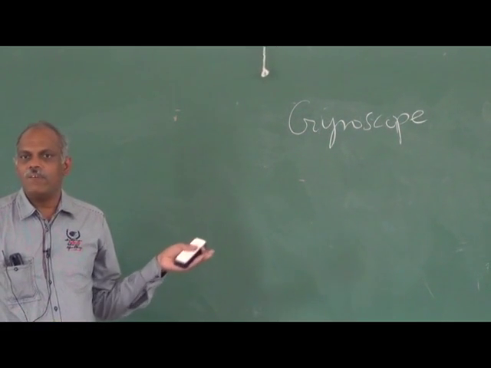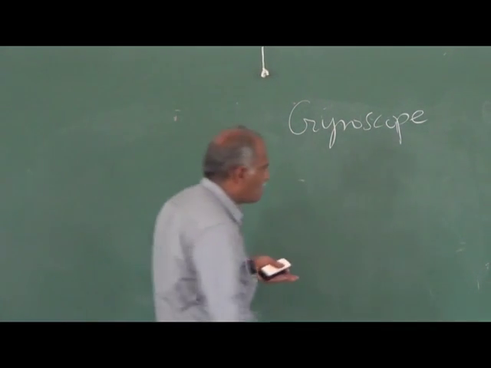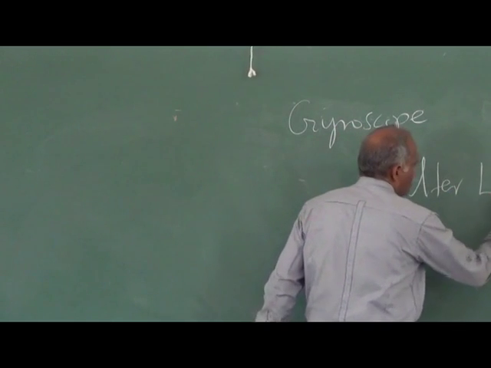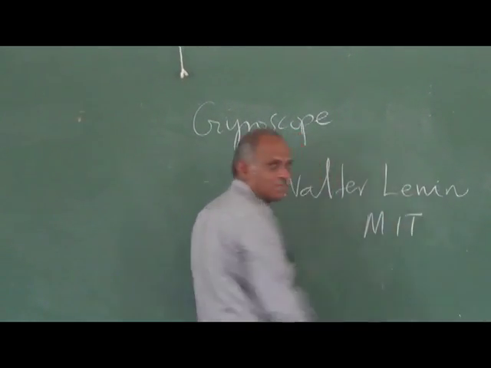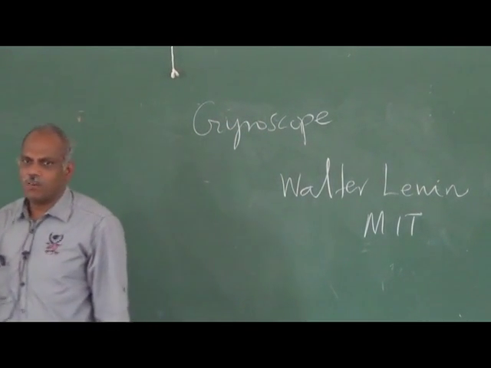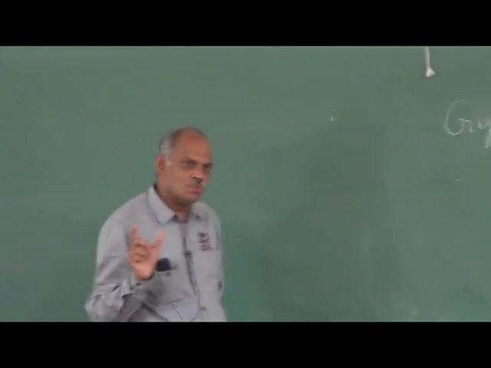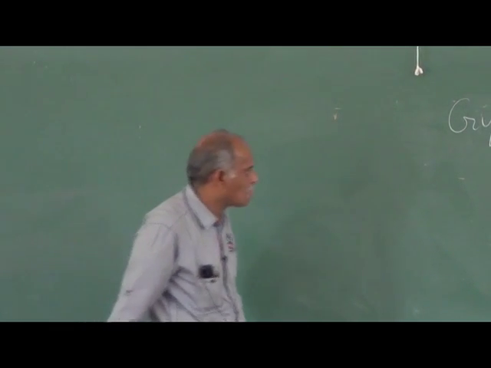We will also play a video from the physics lecture by Walter Lewin of MIT. Some of you would have seen this video already, but I say that this is a very good lecture, to show the various aspects of the gyroscope.